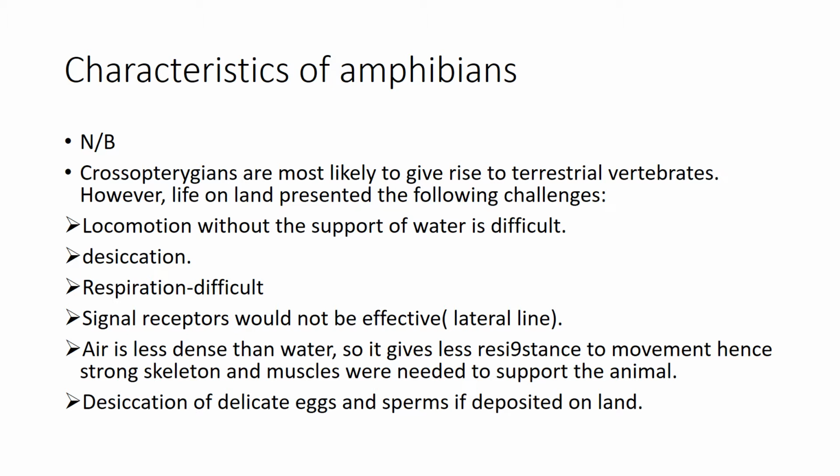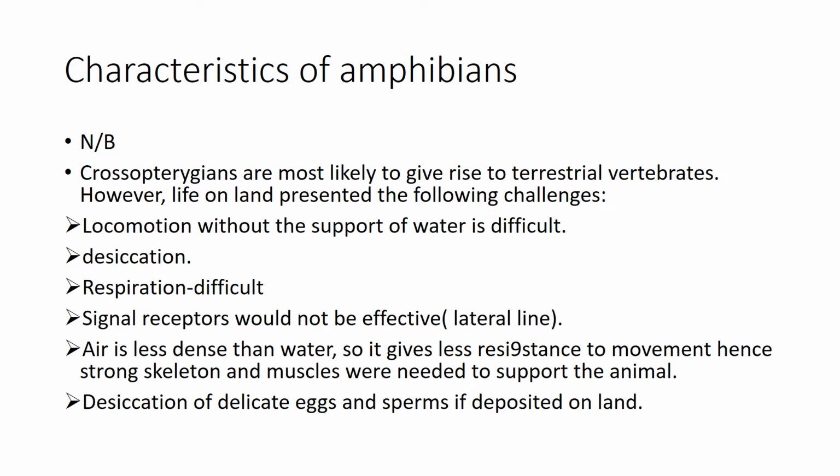The other difficulty was respiration. Remember, water must bathe the gills so that oxygen can diffuse into the blood vessels of the animal, and carbon dioxide can diffuse out of the body. So respiration was difficult.